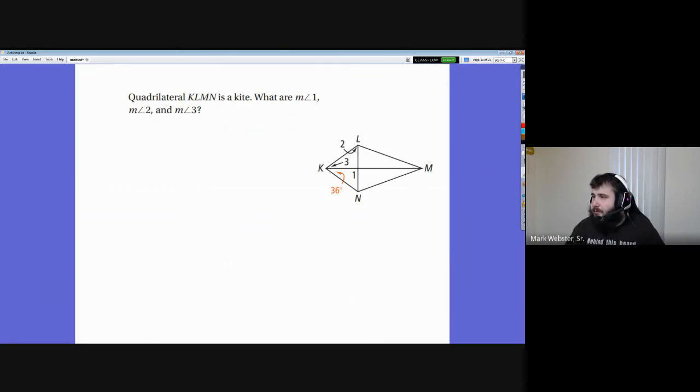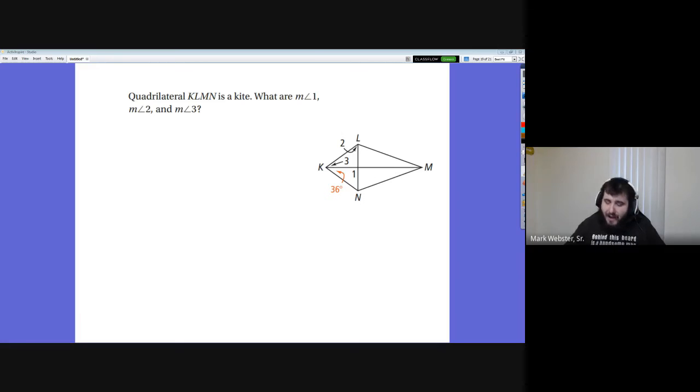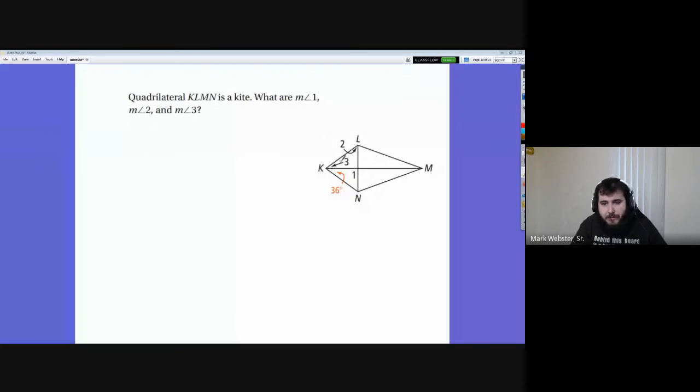Give this one a try. See if you can do it. Same problem, it's just tilted on its side, but the exact same work. Okay, so same exact thing. Again, don't overthink this. This is 36, so this is 36. That's angle 3. All the angles here in the middle are 90. That's angle 1.